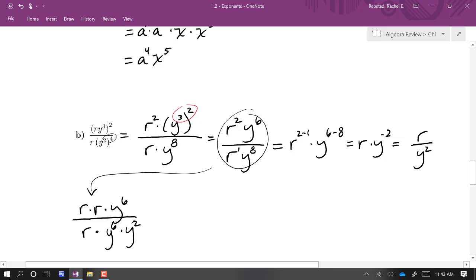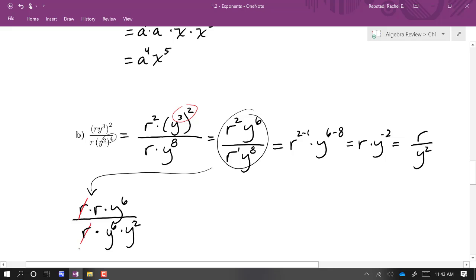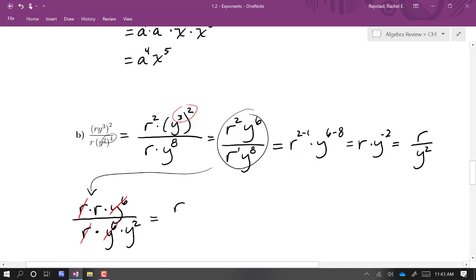Certainly I know if I were to add those exponents, I get myself back to y to the 8th, and we can cancel the common factor of r, we can cancel the common factor of y to the 6th, and we get r over y squared. So regardless of how we want to look at it, how we want to apply the rules of exponents, and think of it as reducing a fraction or subtracting exponents, we'll get the same result.